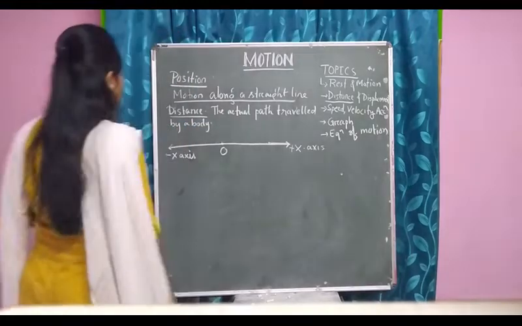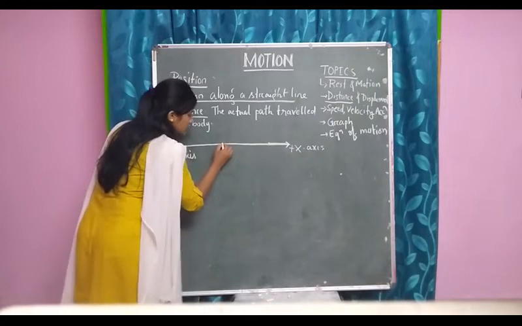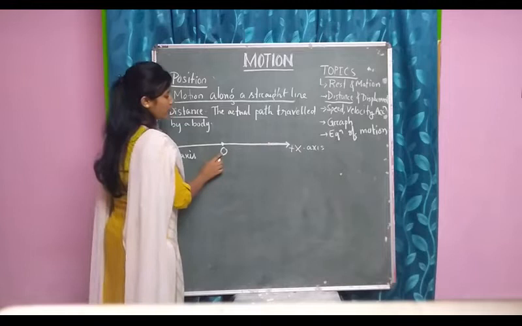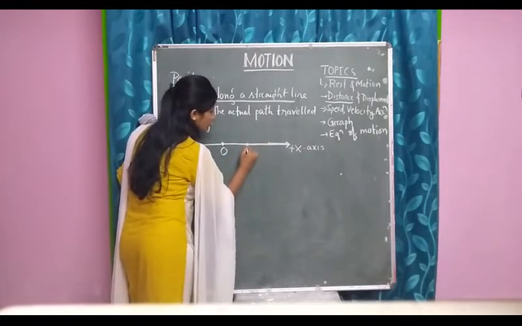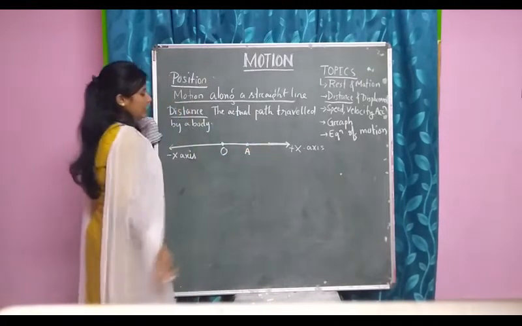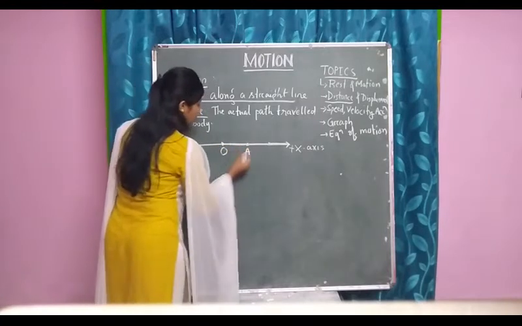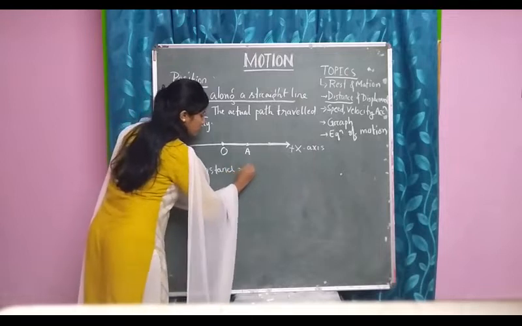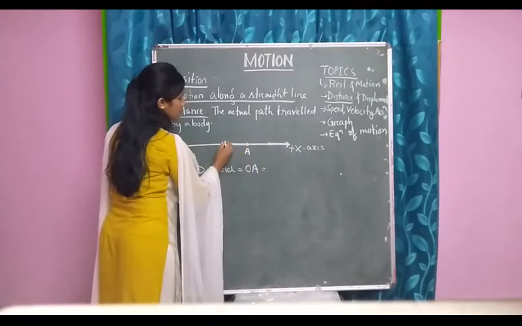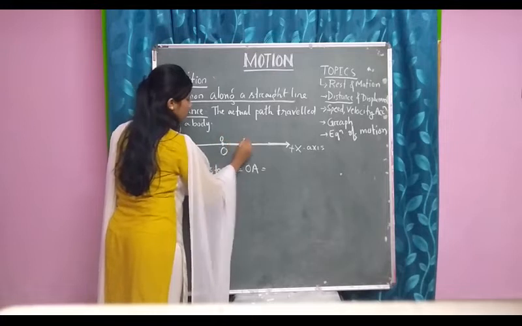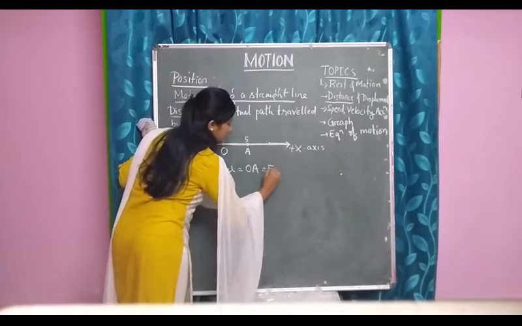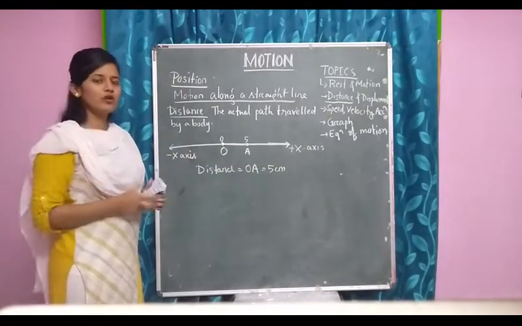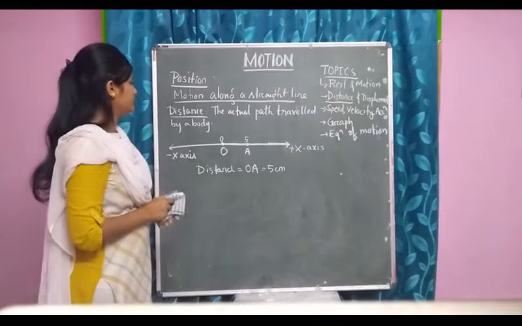Suppose the body starts here and moves from O to, suppose, A. So what is the distance? Distance will be equal to OA. Suppose this OA is equal to 5 centimeter. So what is the distance travelled? OA is equal to 5 centimeter.